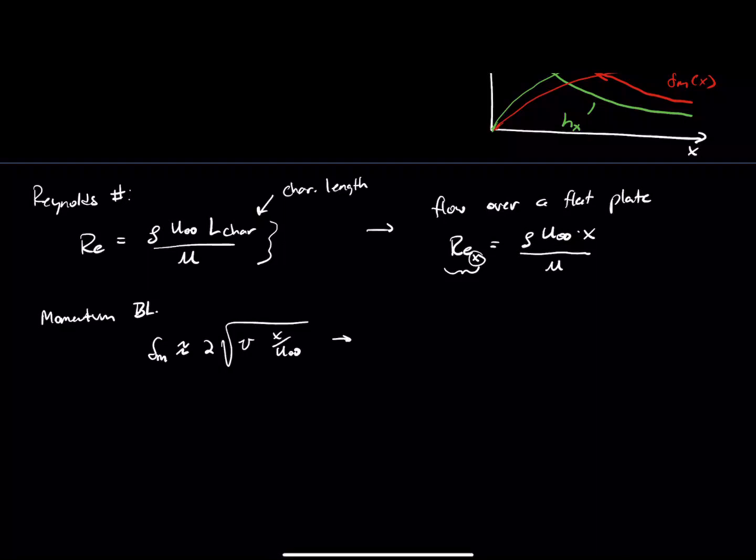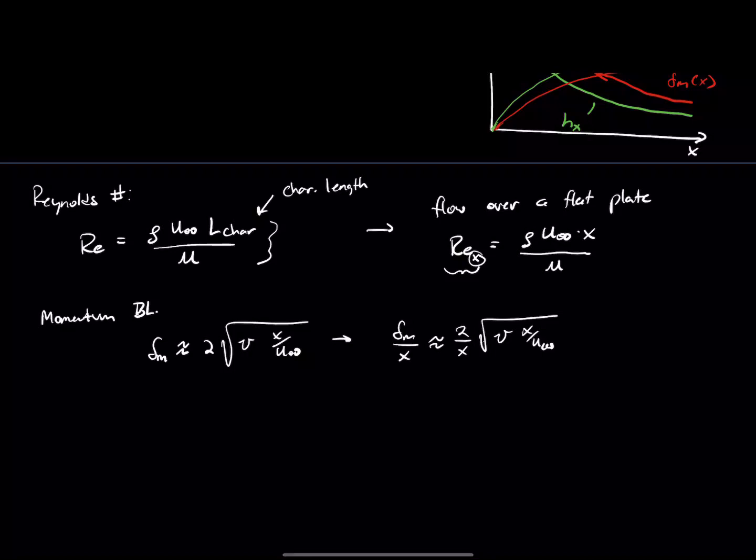So let's do a little bit of manipulation to see if we can pull a Reynolds number out of this expression. Let's convert this to something similar by dividing both sides by x. So delta_m over x, and then 2 over x, square root of nu x over u infinity.